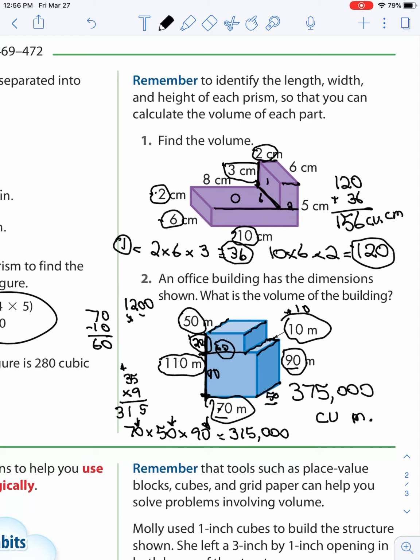And multiply that by 50. 5 times 12 is 60. And I got 3 zeros to add to it. So add my 60,000 to my 315,000. And you will get the total. That's a lot of math, and that's why these are hard, challenging questions.